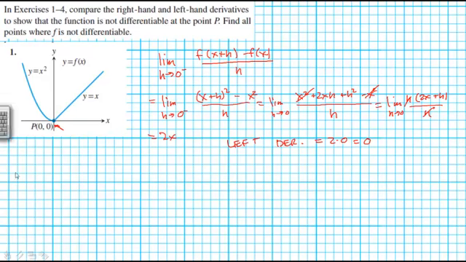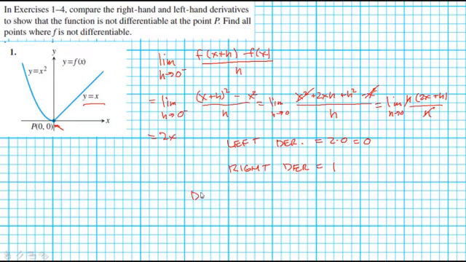Now the right hand derivative, this is a line. All of the slopes along this line are equal to the same thing, which is 1. So the right hand derivative as we approach 0 is equal to 1. These two derivatives, the right hand derivative and the left hand derivative, do not match.